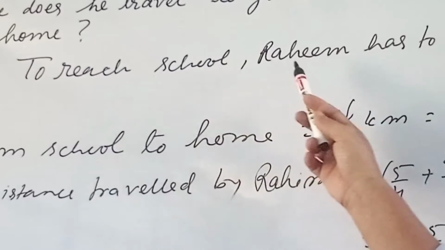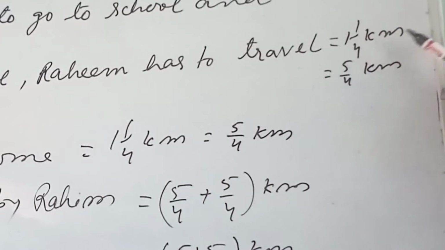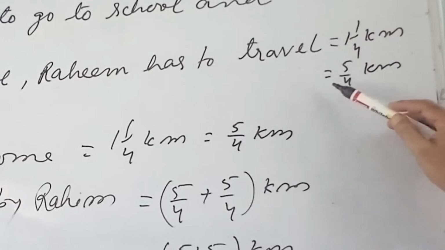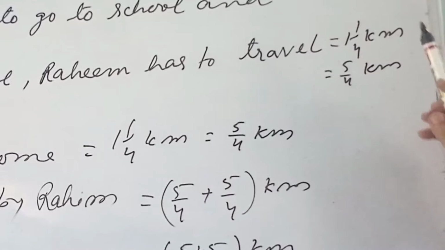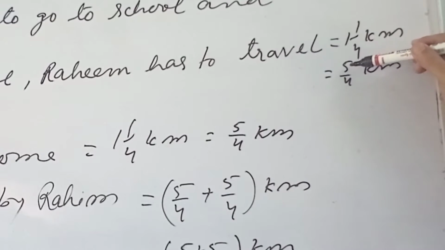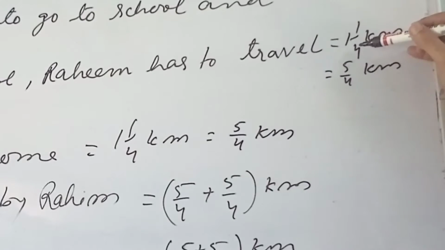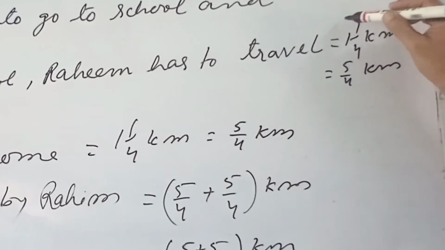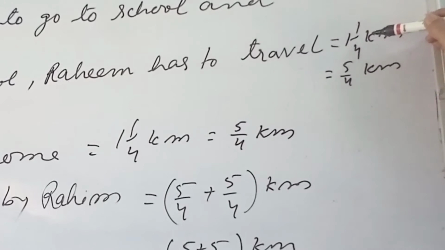To reach school, Rahim has to travel 1 1/4 kilometer. That is equal to 5/4 kilometer, okay? So how did I get this 5/4? This number is called a mixed number.